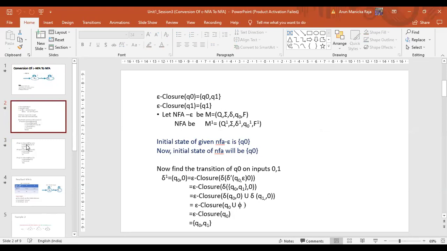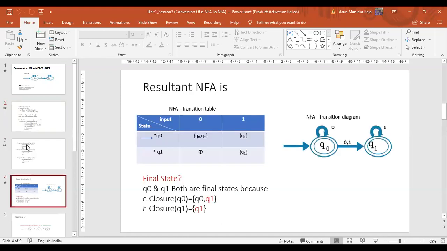We can keep it as it is. No need to find transitions based on the new arrival of states. We just do the transition for all the states with all the inputs. That is the difference. After we calculate, we draw the transition table and diagram. Okay, this is the second problem.